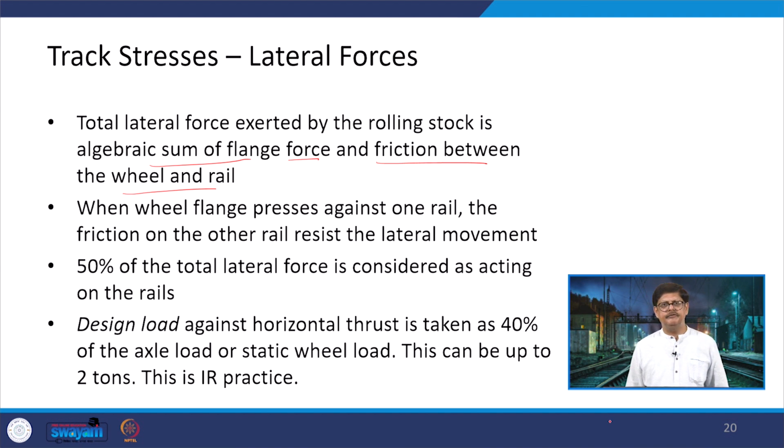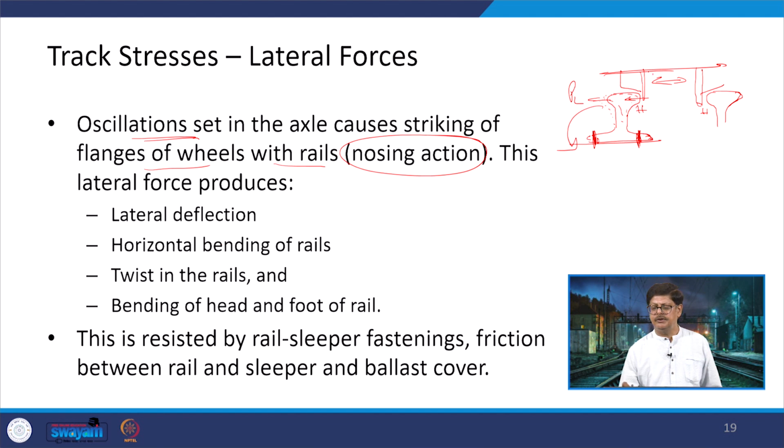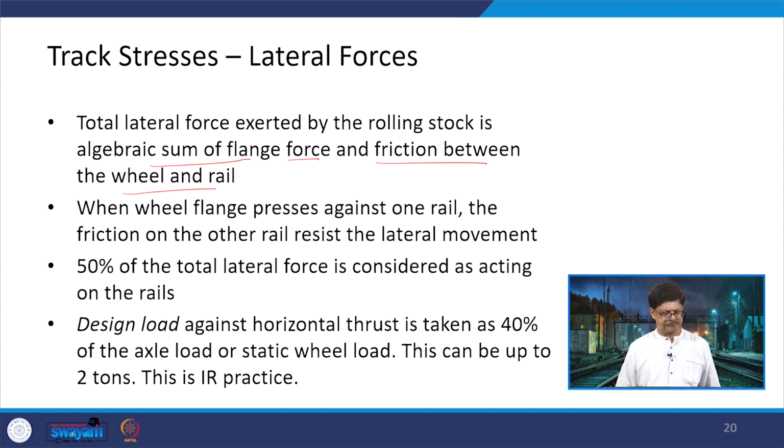And when the wheel flange presses against one of the rails, the friction on the other rail resists the lateral movement because of the rigidity of the wheel base, because they both are connected with each other, as well as because if the diameter is increased here and the diameter has gone down there, then it will try to come back to the normal situation, and it will try to work on the average diameter.